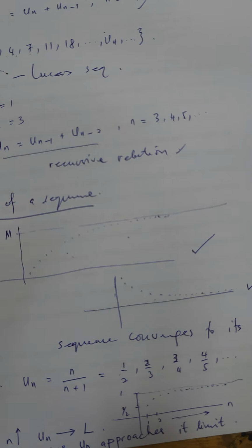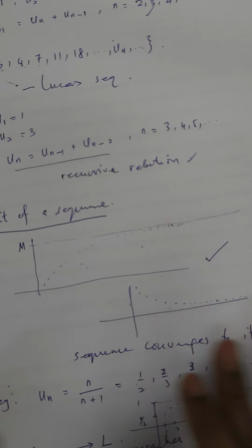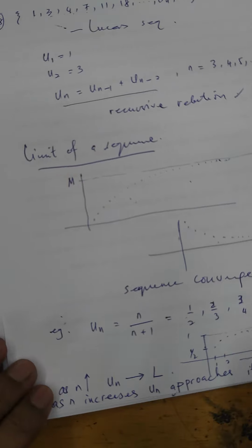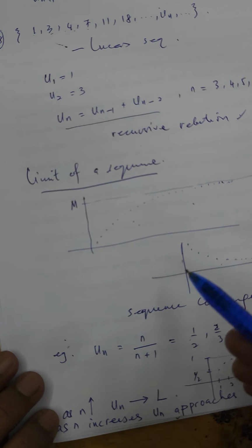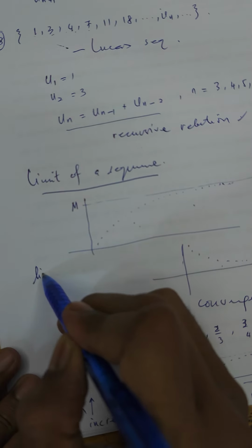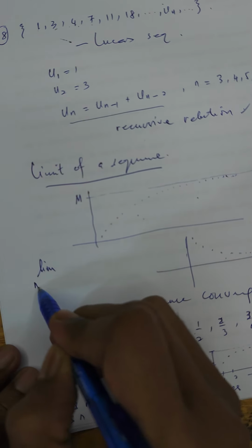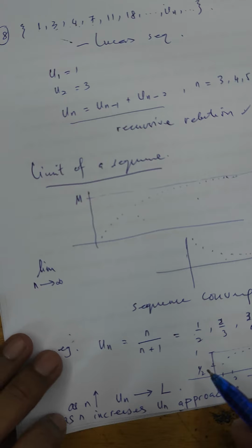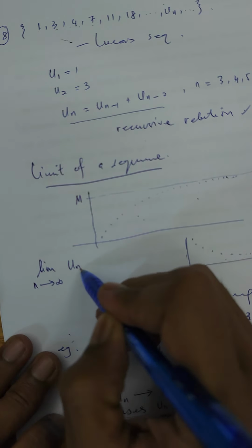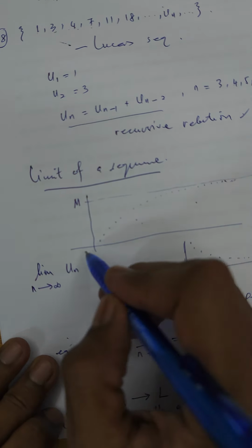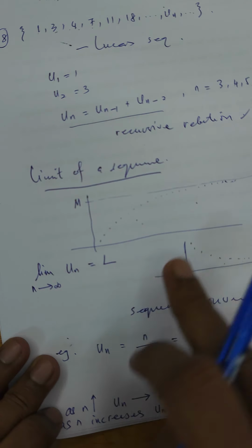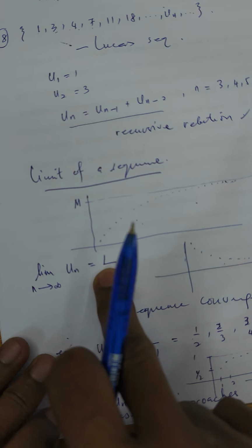Now, all this we can write as the limit as n goes to infinity of un, and I will give you the formal definition later on. This is equal to, or I would say approaches, its limit.